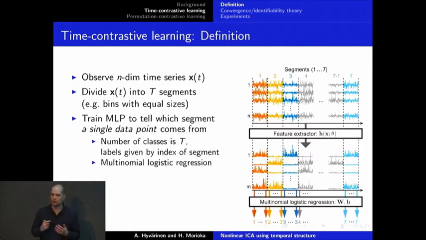And then we train a multilayer perceptron to tell for each single data point which segment it comes from. So basically we have a classification problem where the number of classes is big T, that is the number of segments, where the label of the class is simply given by the index of the segment, given in different colors here.